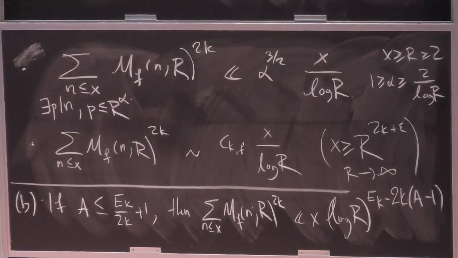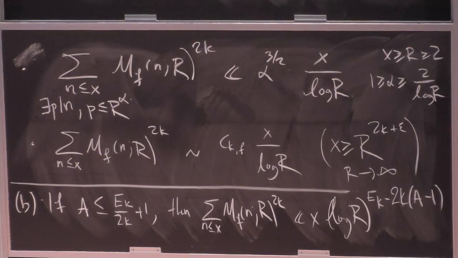But of course, this theorem does not make so much sense if I don't tell you what E_k is. I need to tell you what E_k is. Well, we first proved, okay, the proof contains that.